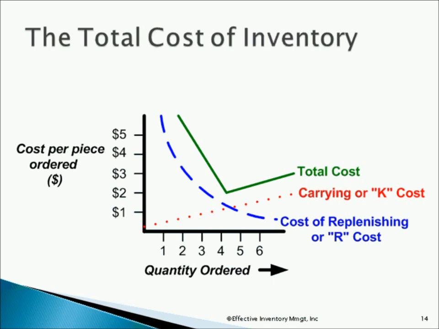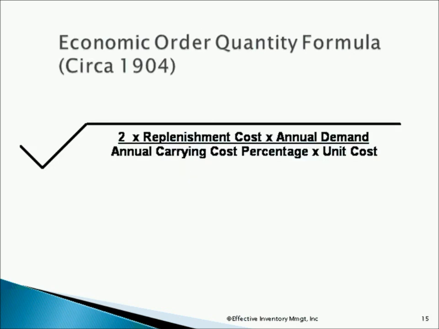In 1904, a gentleman by the name of Camp came up with a mathematical formula that consistently and reliably tells us what is that lowest total cost quantity. We call that the economic order quantity.